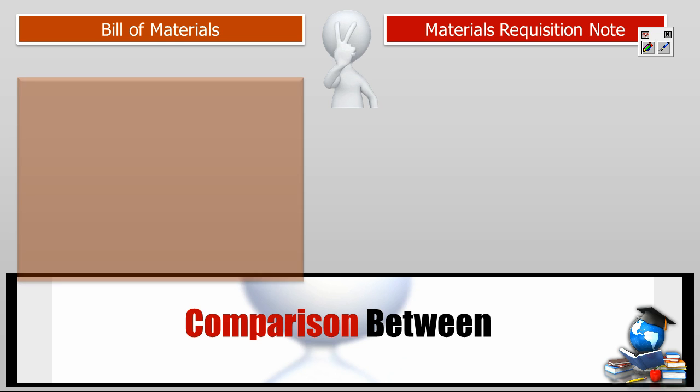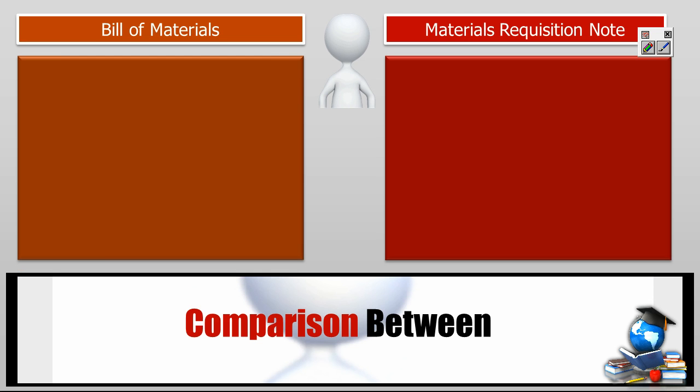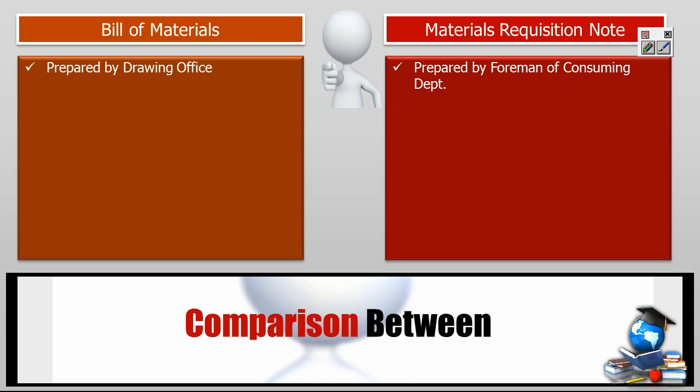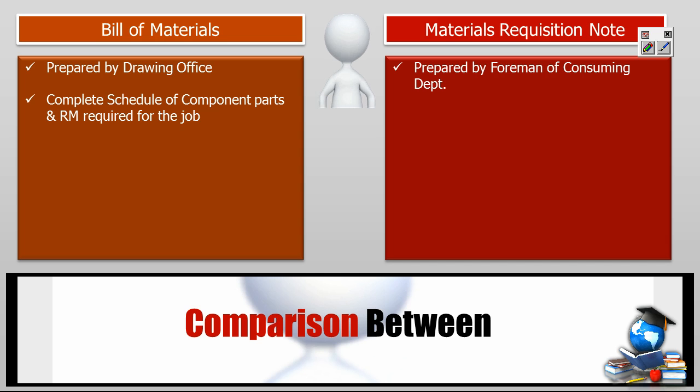Now we can take the differences one by one. The bill of materials is prepared by the drawing office. The material requisition is done by the storeman, because he wants some spare parts, so he will draw those materials. The bill of materials is a complete list, not just one or two parts, end to end, from pin to piston, everything should be there.